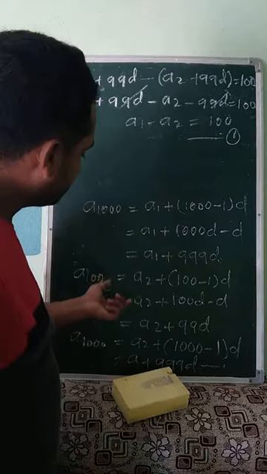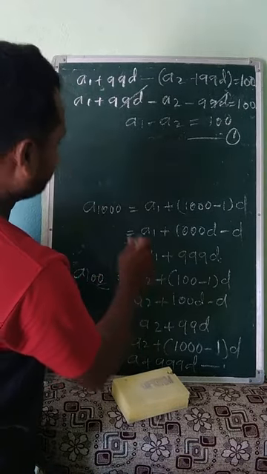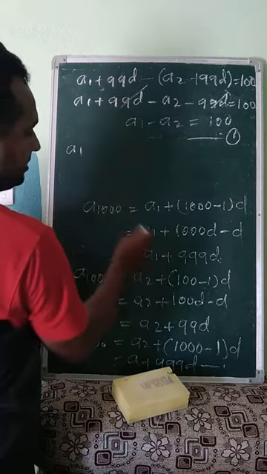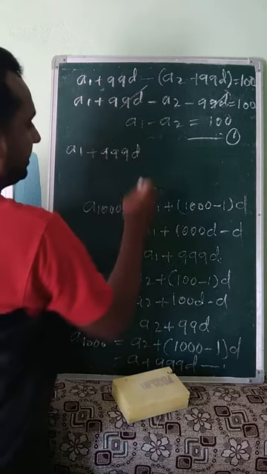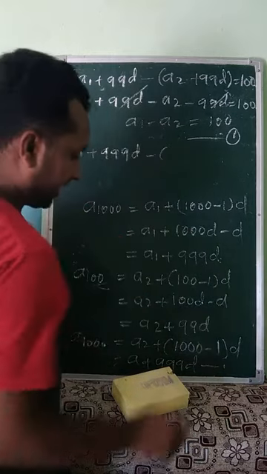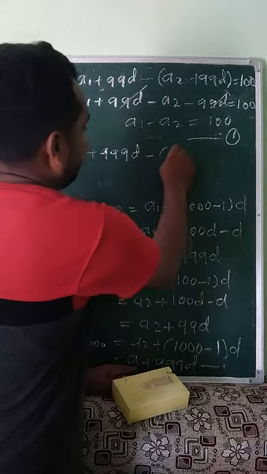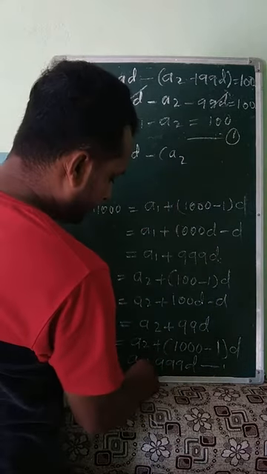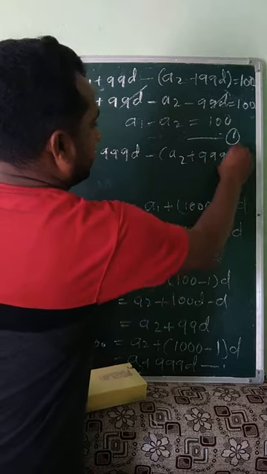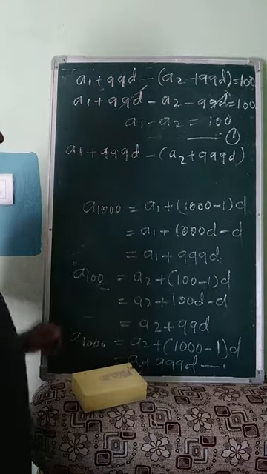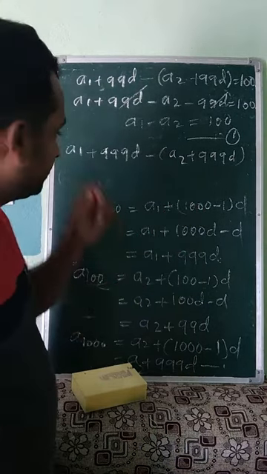Now come to the 1000th term here. What is the 1000th term? The first AP's 1000th term is A1 plus 999D, minus the second one, A2 plus 999D. Isn't it? Because we are going to find the difference between the 1000th terms of the APs.